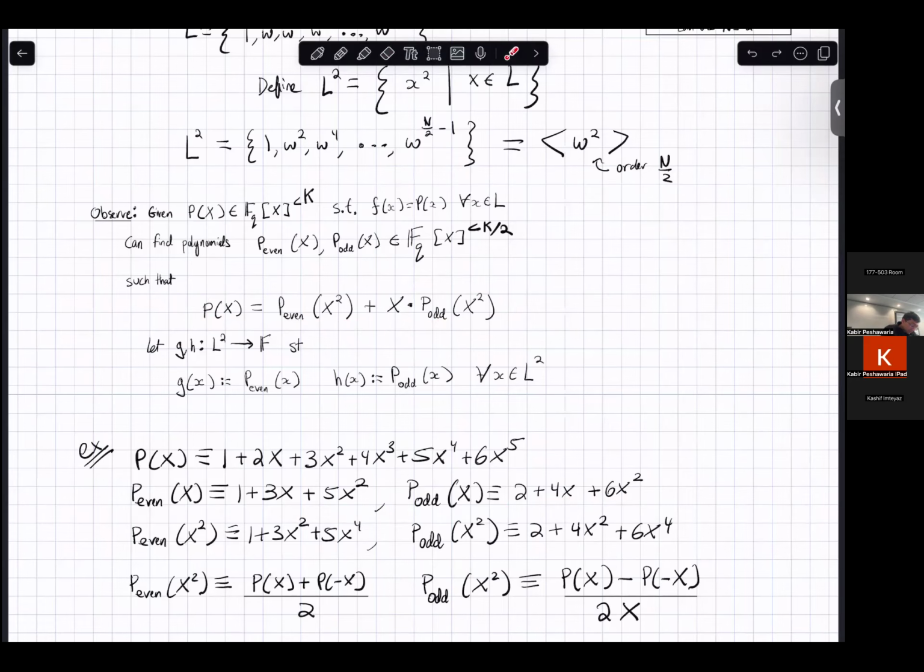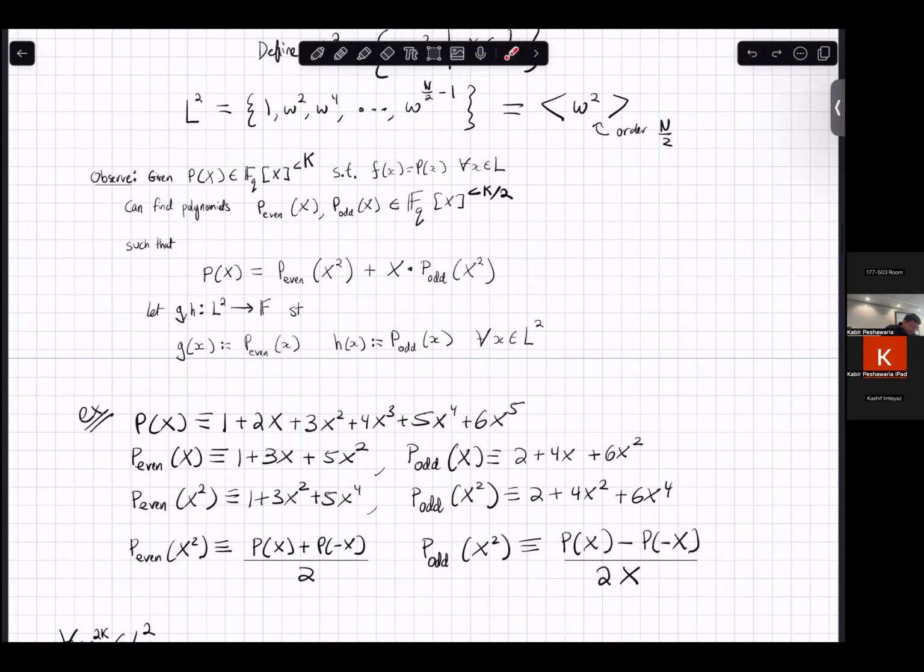Maybe you believe it intuitively, but in case you didn't, you can see what happens here. If you bump all these up by x, then you get 2x, 4x cubed, 6x to the 5th. If you keep these as is, you get 1, 3x squared, 5x to the 4th. So this guy plus x times this guy is this guy.